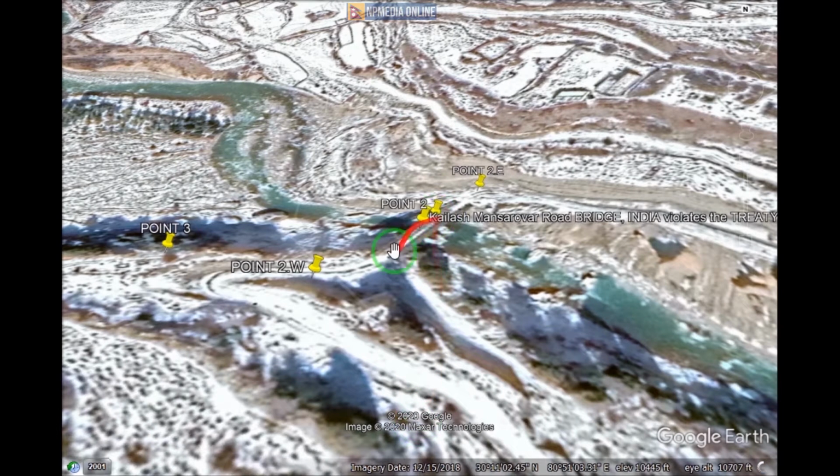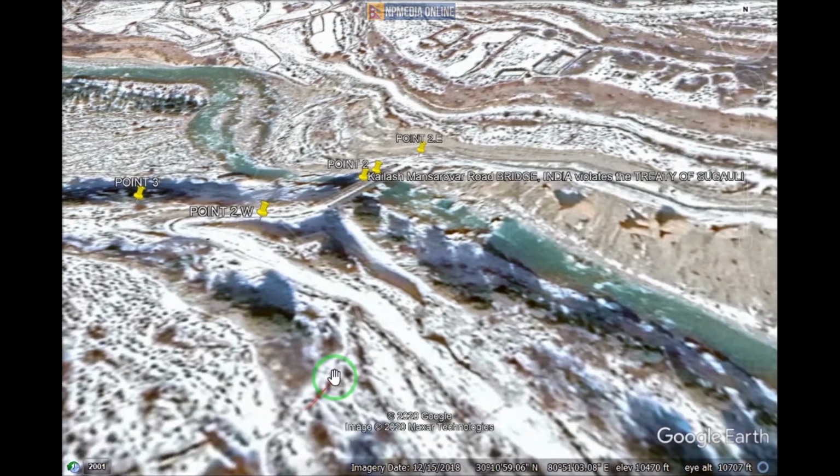So, this is the area of the road where it steps from Indian land to Nepali land. Point 2.W, west of Kali River. Point 2.E, east of Kali River. We'll see it more clearly a little later. Third, point 3, the area west of Kali River.